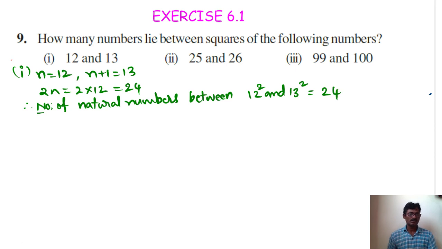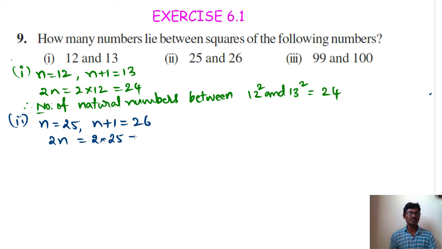Now second problem. Let us take n equal to 25 and n plus 1 equal to 26. So 2n equals 2 into 25, which is 50. So there will be 50 natural numbers between 25 square and 26 square.